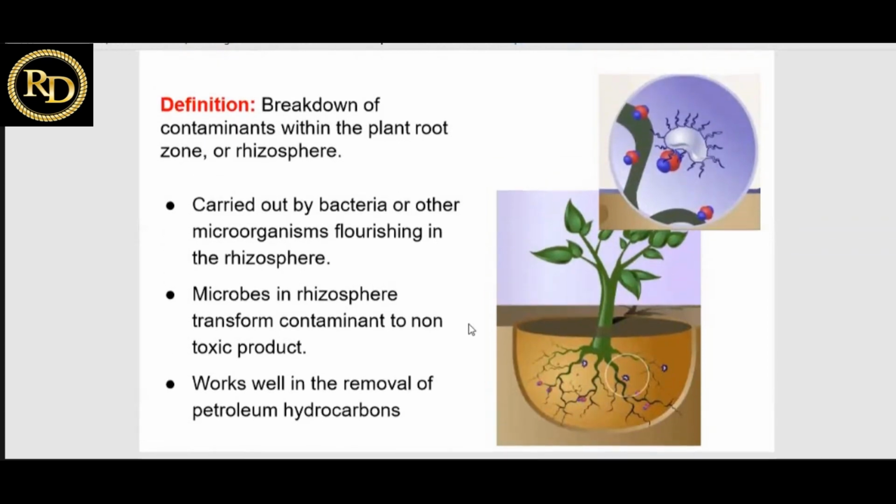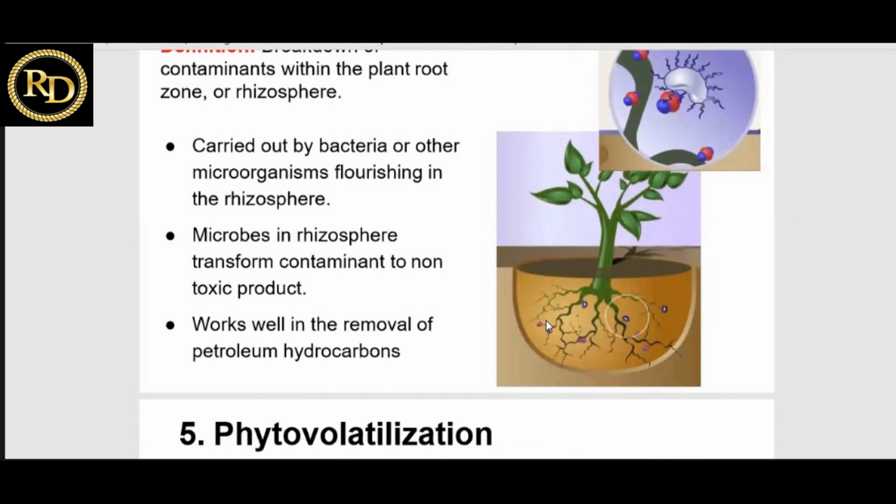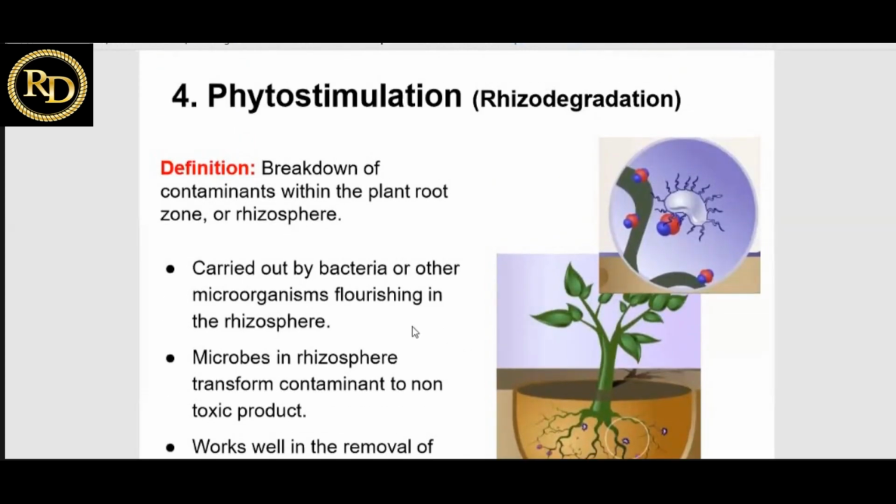Obviously, the microbes interact with the metals along with the plant roots. Plant roots and their exudates provide some supplements so that they can interact directly with the metals, and they can destroy and remediate them, and seriously reduce their activity. That is called phytostimulation.